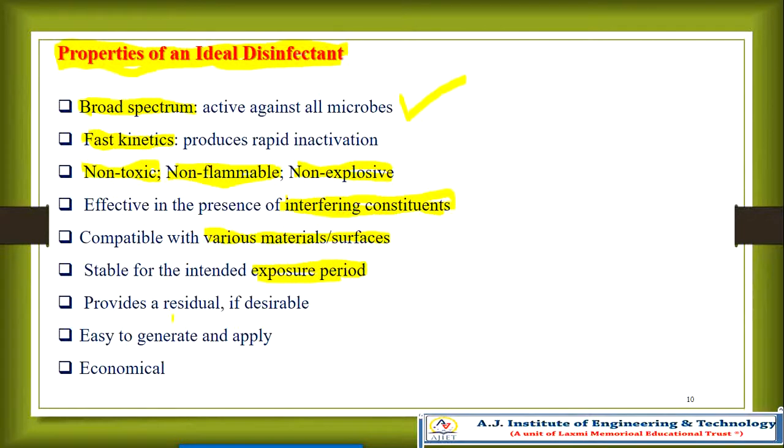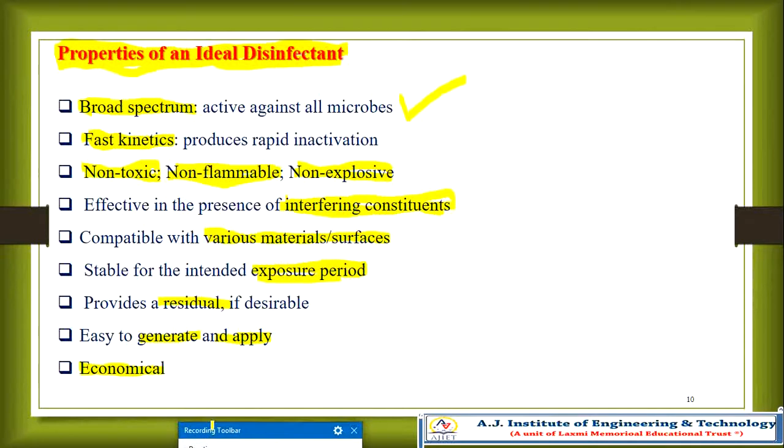Provides a residual if desirable. Easy to generate and apply, which is also a very important property, and economical.